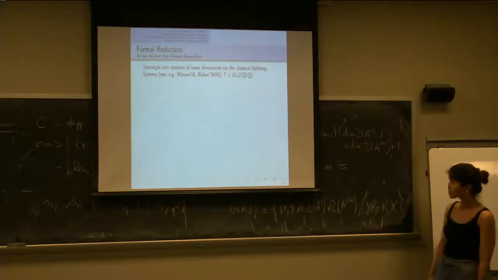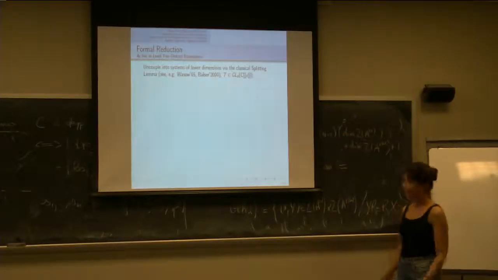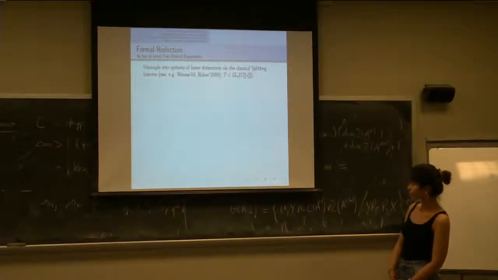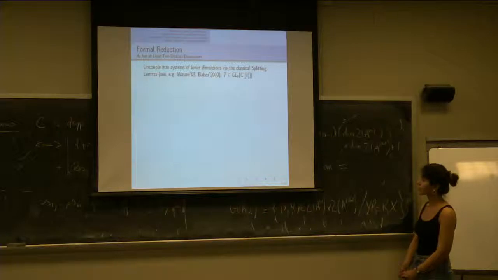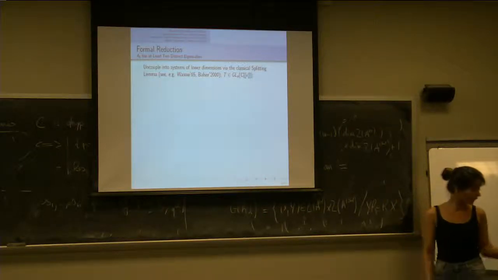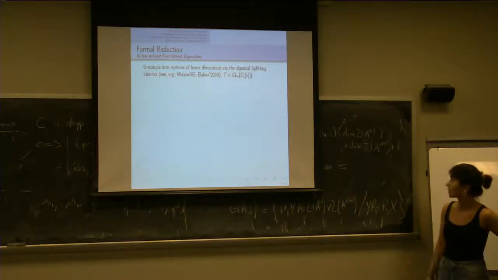And the first case would be that A0 has at least 2 distinct eigenvalues. In this case, we can uncouple the system into systems of lower dimensions via the classical lemma. A constructive proof can be found here, although it dates back to the 30s.